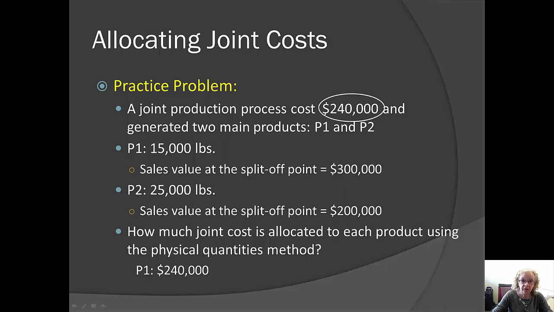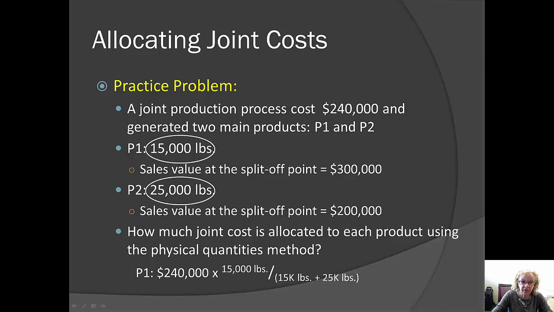P1's share of the $240,000 of joint cost using the physical quantities method would be its 15,000 pounds divided by the total 40,000 pounds between the 2 products. It would get $90,000 of the joint cost.